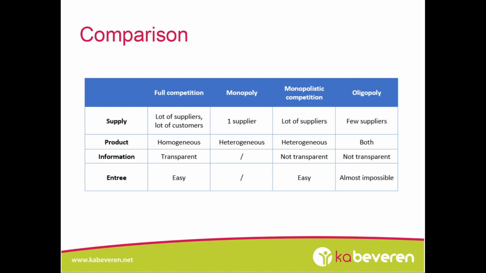So for monopolistic competition, it's also easy. And oligopoly, close to impossible, but there is a slight chance. The chances of entering the market over here are bigger than entering the market where a monopoly is dominating. Okay, so that's why I actually have this blank space for the monopoly.